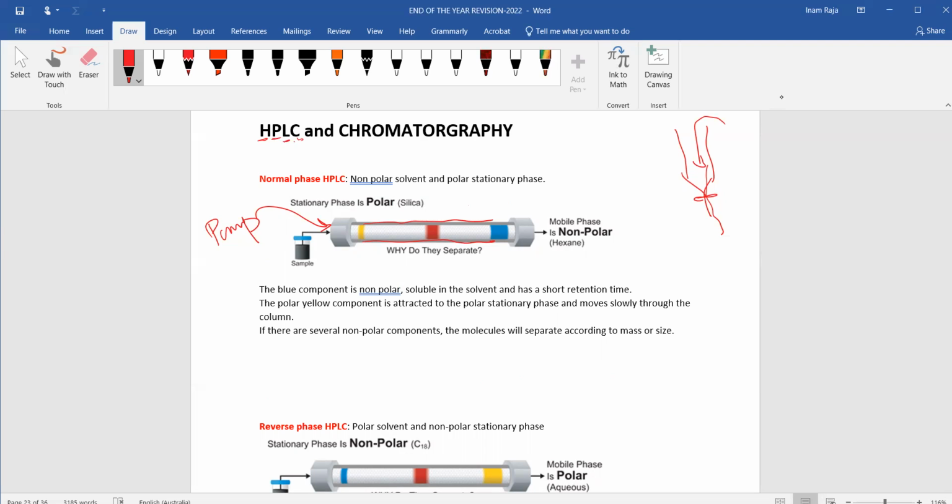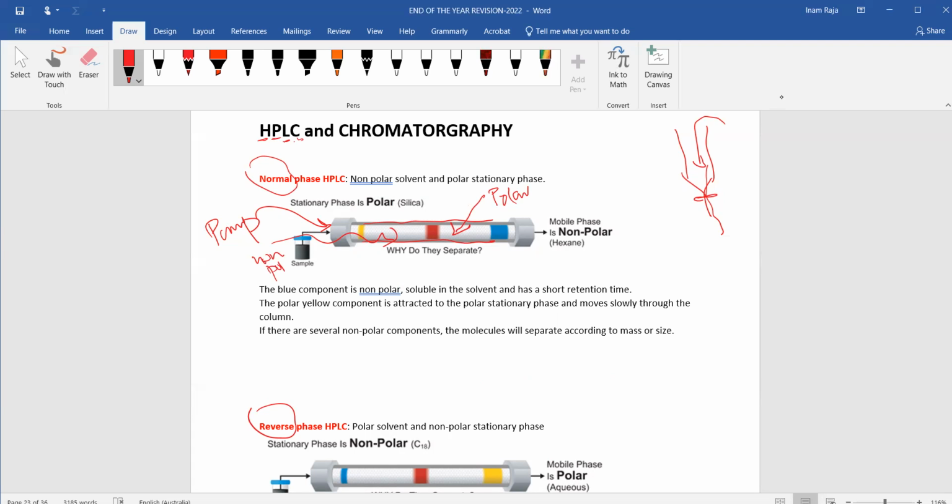Now there are two types of HPLC, normal phase and reverse phase. In normal phase, the stationary phase inside is polar, just like TLC, and the solvent which passes through is non-polar. But this is not the common type of HPLC.